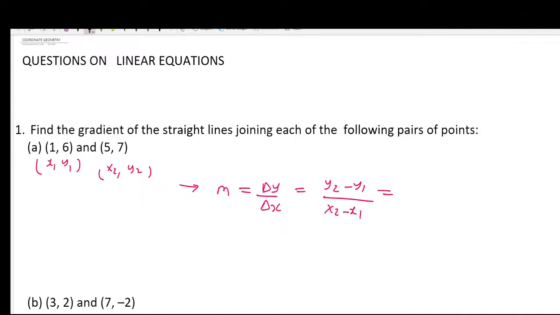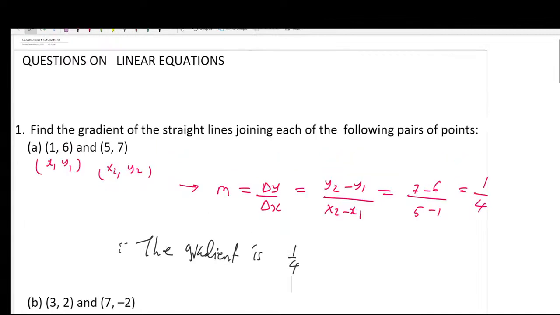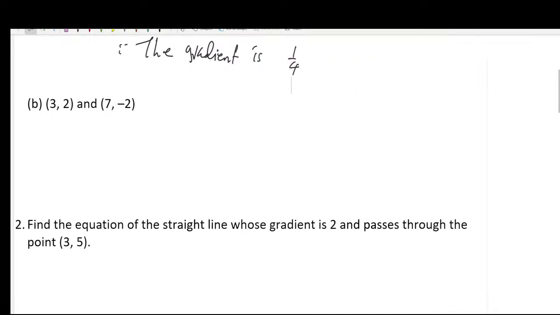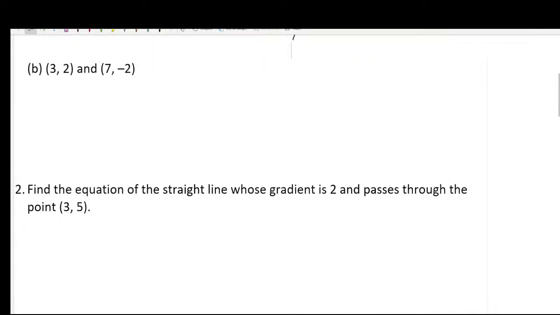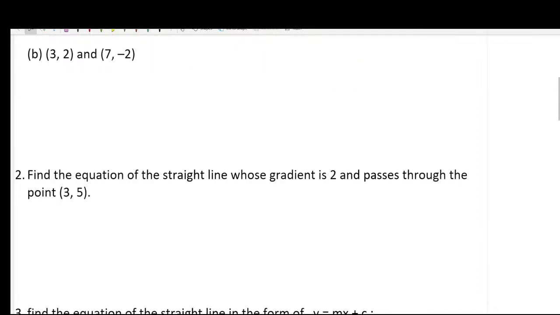So we'll have 7 minus 6 divided by 5 minus 1. We'll have 1 over 4. So this is the slope, or the gradient. You can say that the gradient is 1 over 4.